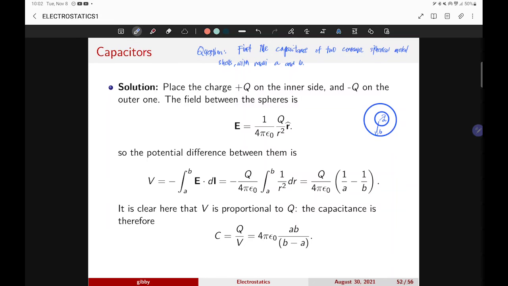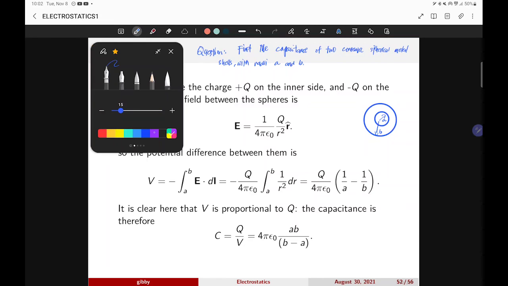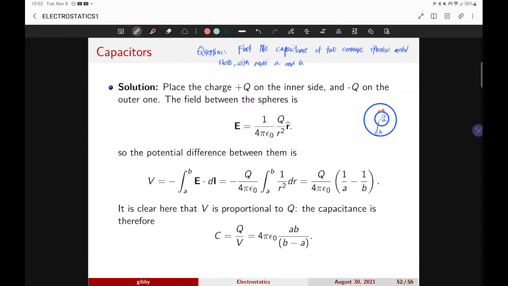Now, let's say this is plus Q, and negative Q ang sa outer nga spherical shell. So, unsa ka ang iyahang capacitance?